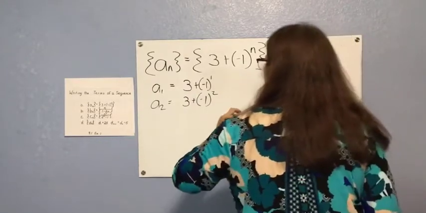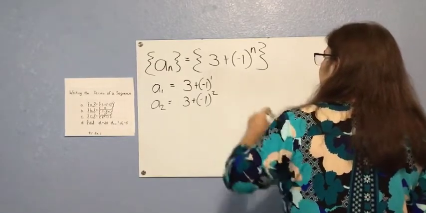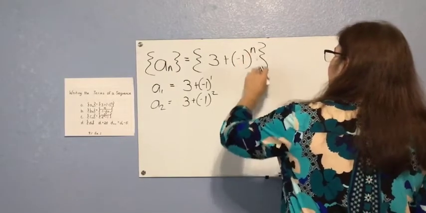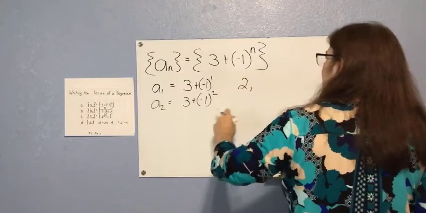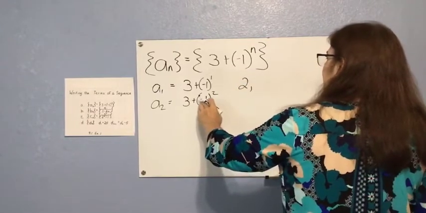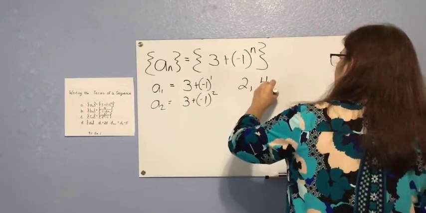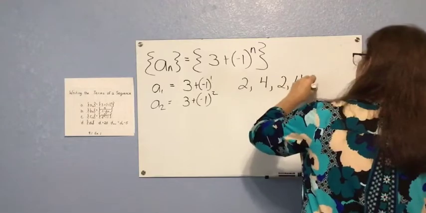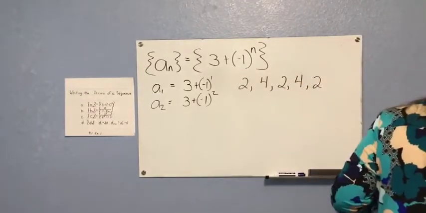Using this definition, I see that the first few terms of this sequence, when we have -1 to the first, this is -1 plus the 3 is 2. In this case, -1 squared will be +1, so this term will be 4. Then we go back to 2, then 4, and 2, and so forth.